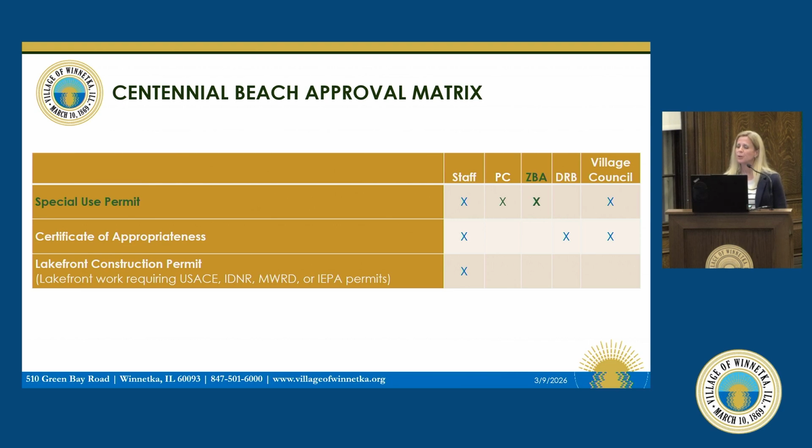So as this table notes in the green text, the ZBA will review and provide the village council with a recommendation regarding the special use permit. The zoning board is not reviewing the appearance of the proposed fencing. The certificate of appropriateness that is required for this improvement will be considered by the design review board.